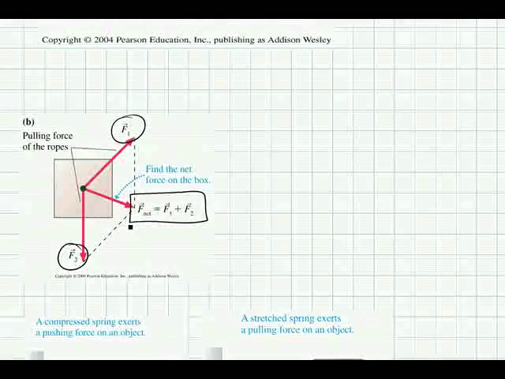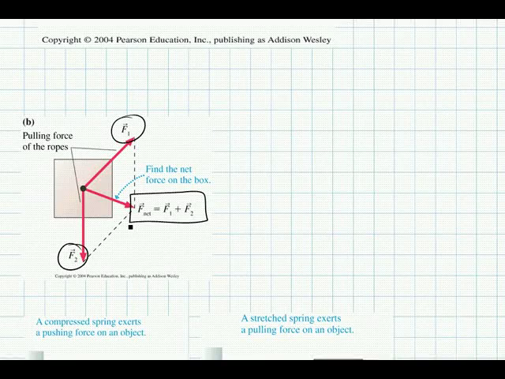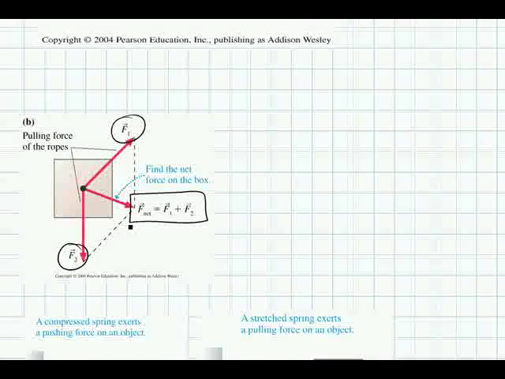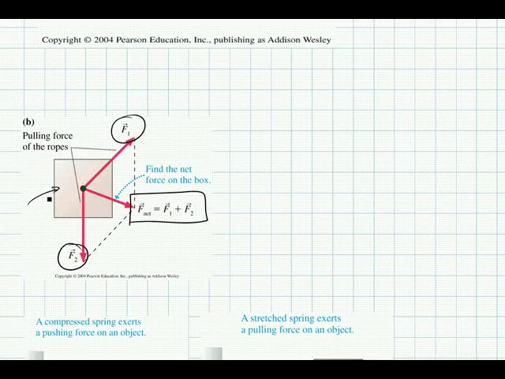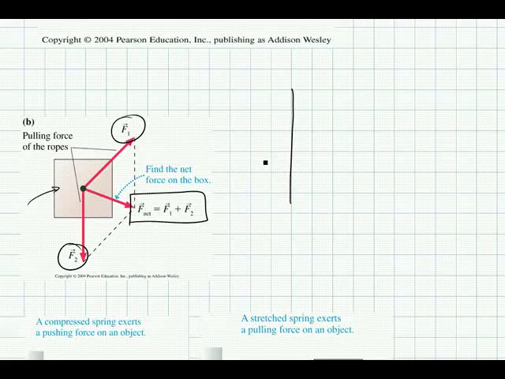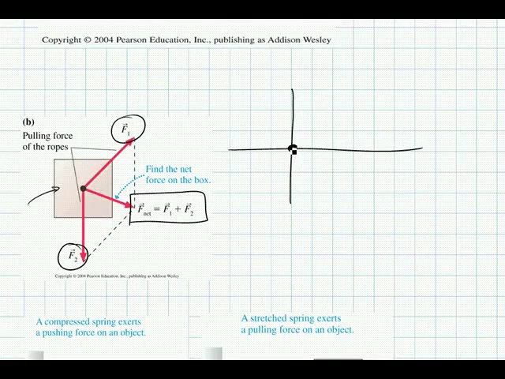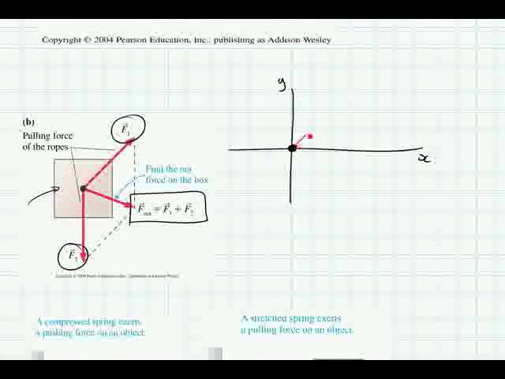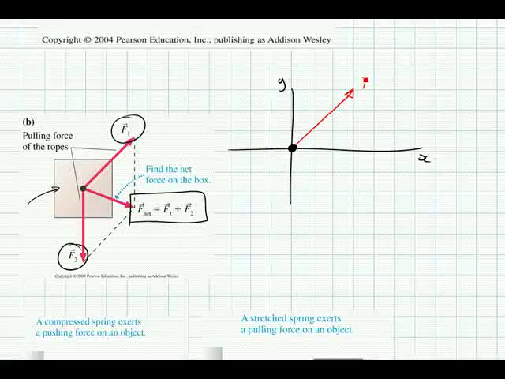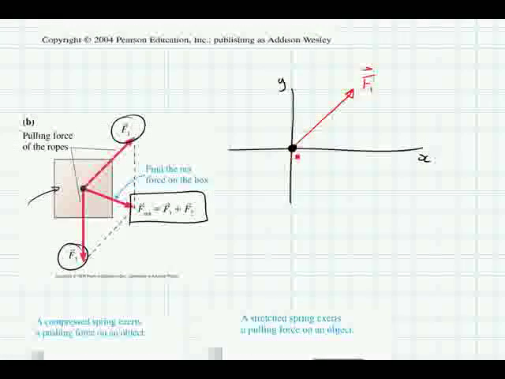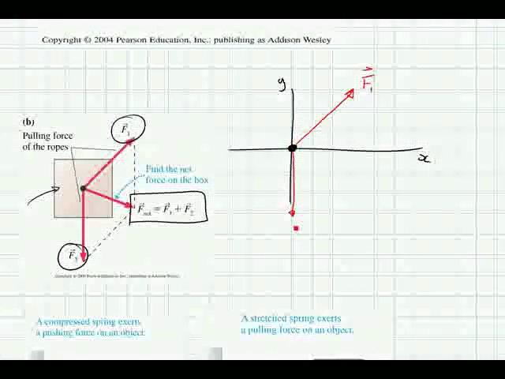As I mentioned in lecture 1, we are going to deal with a particle model here, so whether you have a box or an elephant or a car, we can represent our object as a particle, a dot. If you were to draw your XY coordinate system, you place the object at the origin of the coordinate system and then go ahead and draw the forces acting on the object. So this would be our F1 and this is F2 acting down.